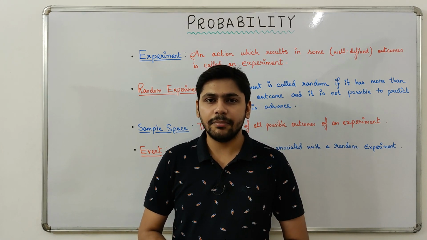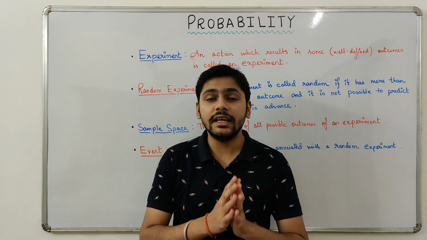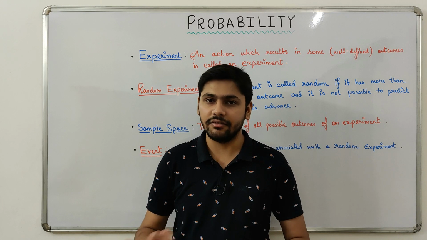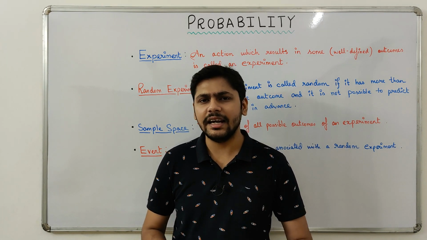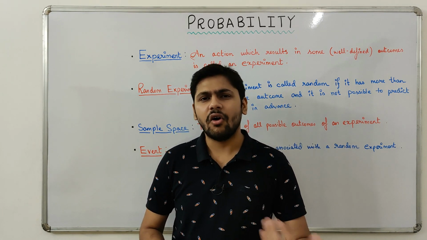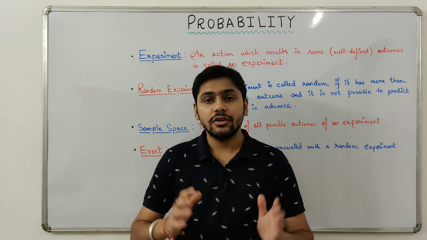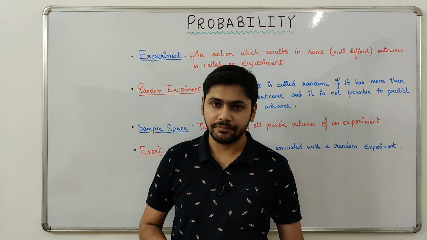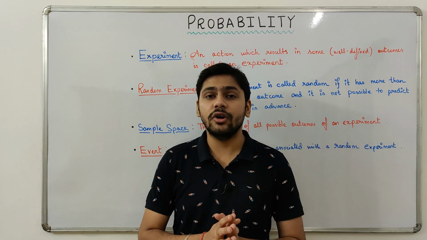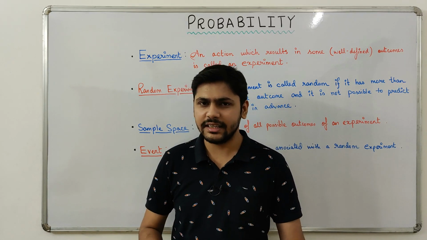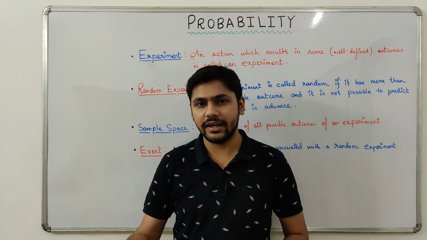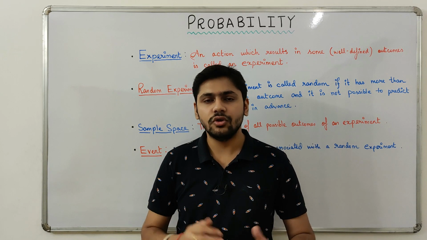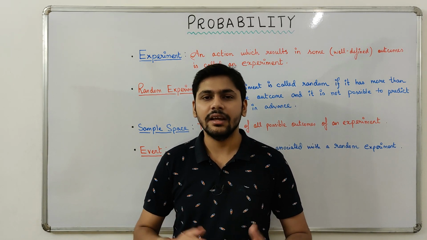Let me give you another example. Say what is the probability of a wait list ticket getting confirmed? As we say, there is 90% probability of getting confirmed, or there is 80% probability. So probability has various uses in daily life and it is more or less equal to chance. So we say the same thing, आज इतना chance है बारिश होने का, or this is the chance of India winning against Australia. So same thing more or less.